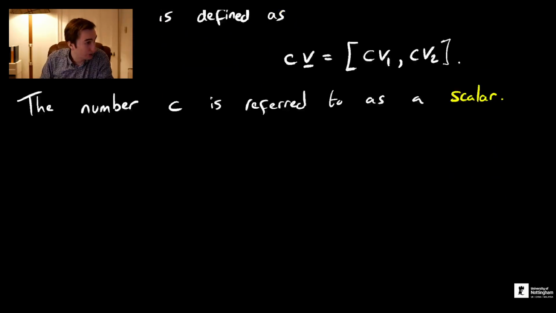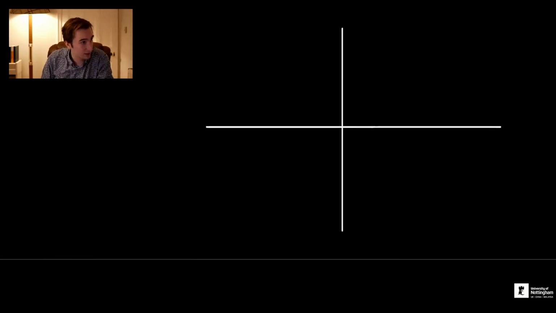And just as a quick geometric picture to draw, how do we interpret this? I already said that we can think of scalar multiplication as simply stretching some vector by that scale factor. So if I take some vector, let's draw it like this, I've got some vector here. Let's say this is v. Then if I do c times v, that's effectively just stretching this vector by some scale factor c.